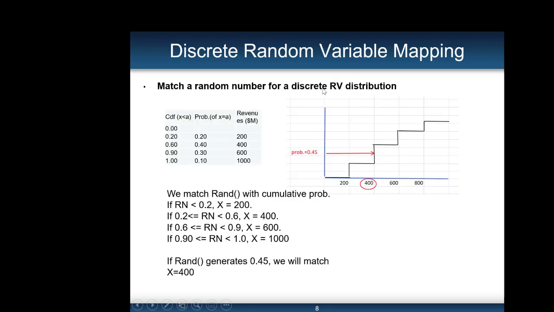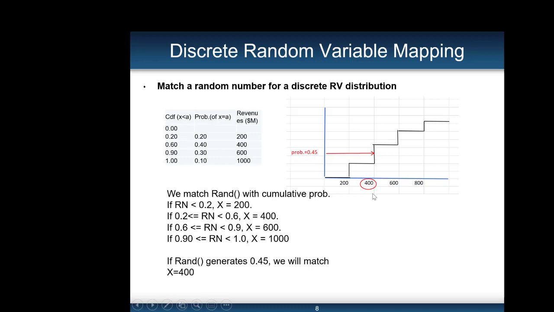Another example, the distribution is a discrete random variable distribution. For example, we are simulating revenues. We assume there are 4 outcomes: $200 million, 400, 600, 1,000. Then we have those given probabilities. Again, the cumulative density function will help us simulate revenues. So for example, suppose we have a cumulative probability equal to 0.45.